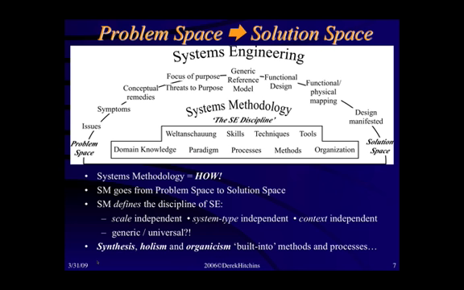And the systems methodology is actually the how of going from the problem space through all those steps to the solution space. So there are in the systems methodology skills, techniques, tools, paradigms, processes, methods, organization. In order to make this work in a particular case, of course, the people concerned within the systems methodology have to have domain knowledge, and they have to have context.